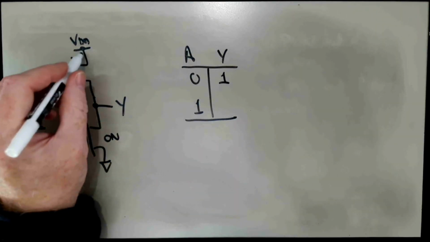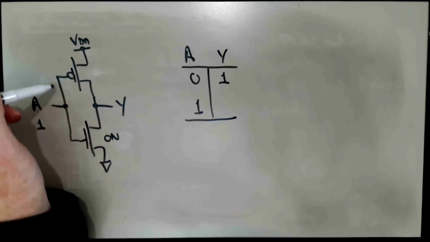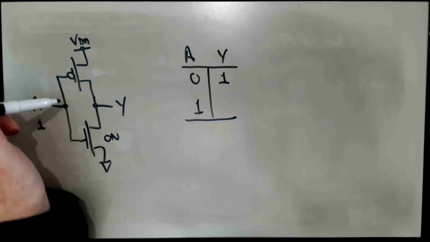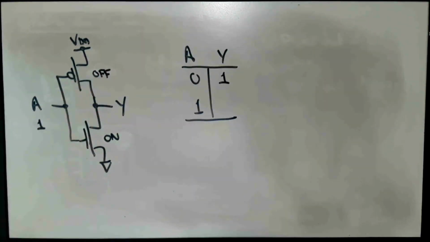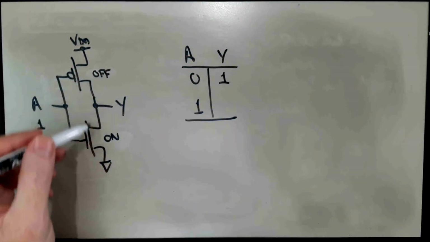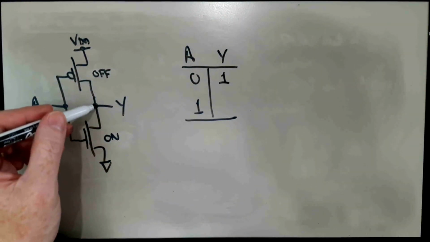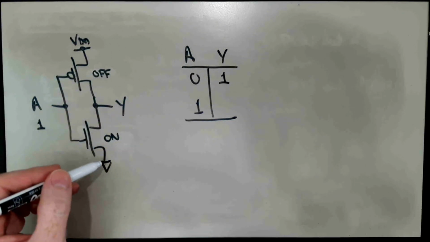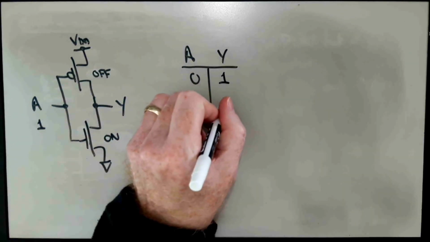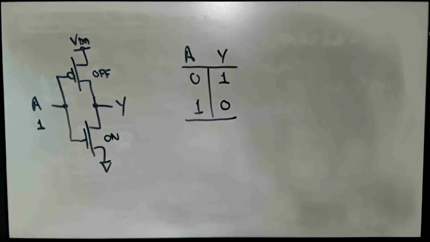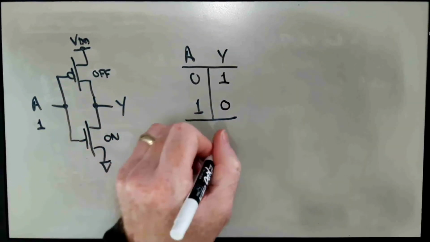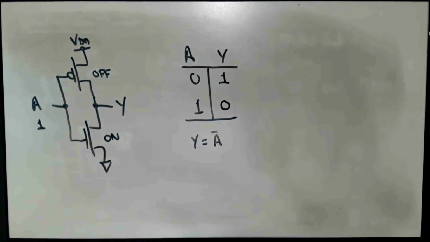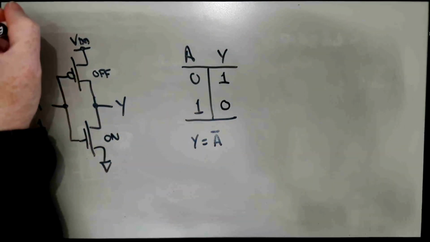And then the Pmos transistor, which has its source up at VDD and its gate up at VDD, will be as off as we can make it. And we have a nice solid connection between the output of the gate and ground. And so the output will be pulled low to ground. And so this is the function Y equals not A. And so this is a Cmos inverter.